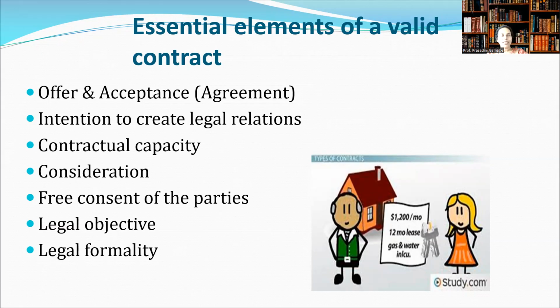What he can do is file a case, and he has to prove that at the time of making the contract, he was under the influence of liquor or narcotic drugs. The other party knew about it. And as a result of entering into the contract, he had to suffer a big loss while the other party got a big advantage. If he can prove those things, he can cancel the effect of that contract made with a non-drunkard person.